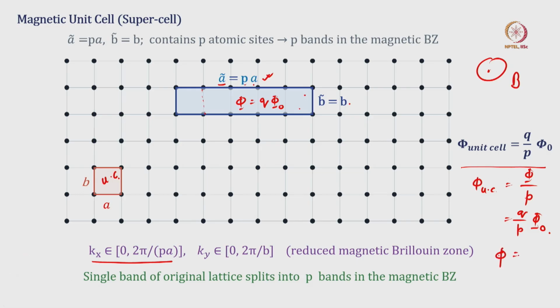Phi we denoted by p by q times 2 pi, that is the phase, and this is just a constant, e to the power h by e, and the actual phase is e by h phi 0.